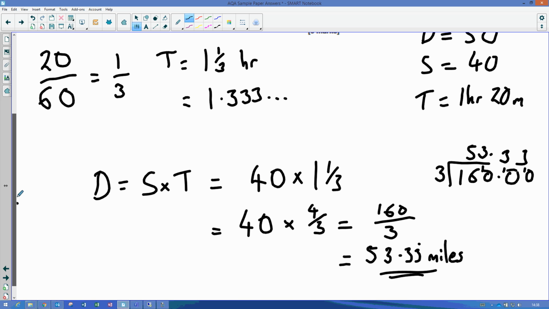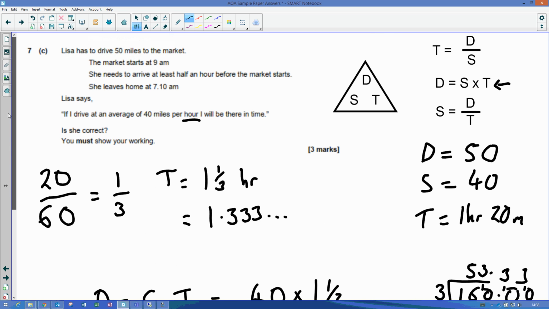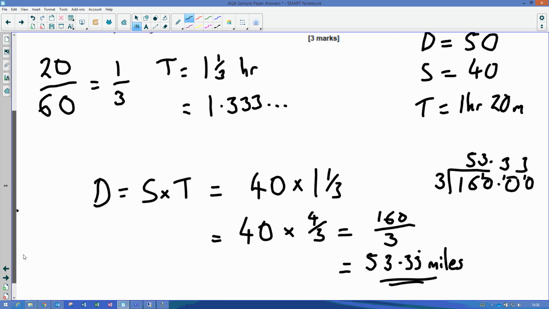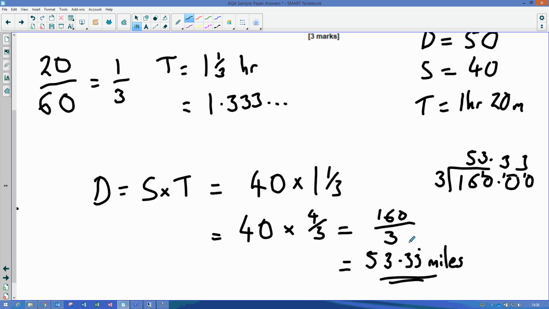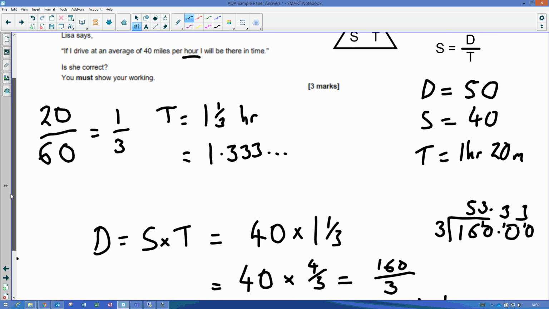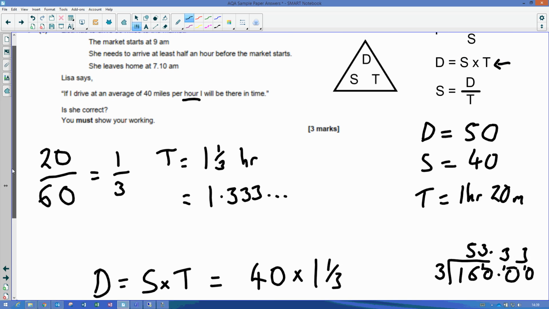Have we answered the question? No, we haven't, because the question is still, if I drive at an average of 40 miles an hour, will I be there in time? Is Lisa correct? What we've worked out is if she drives at 40 miles an hour, she will travel 53.33 miles in an hour and 20 minutes.